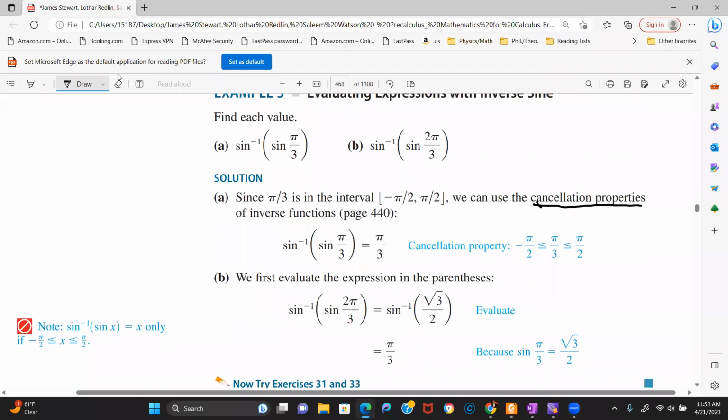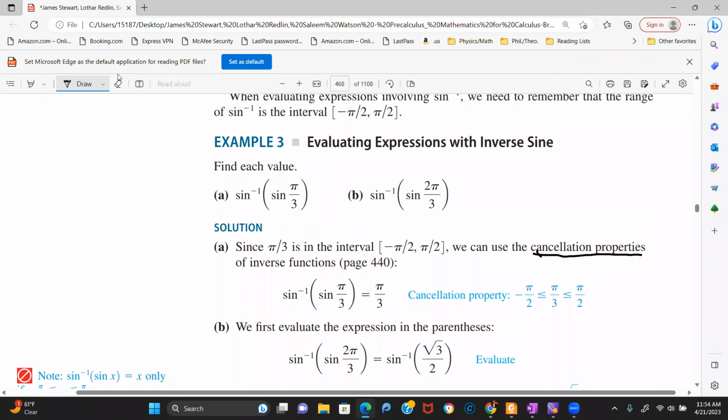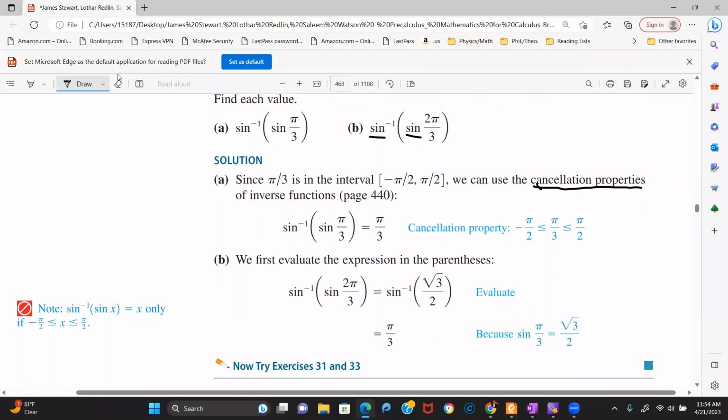Same thing with this other one, you're doing the opposite order, sine inverse with sine. So you just use the cancellation property, which simplifies your life quite a bit. But again, you could go through the calculations in the way that I did.